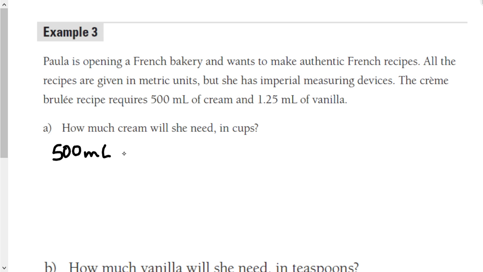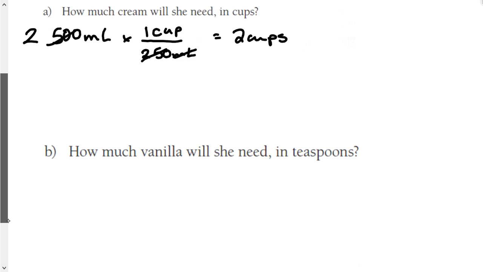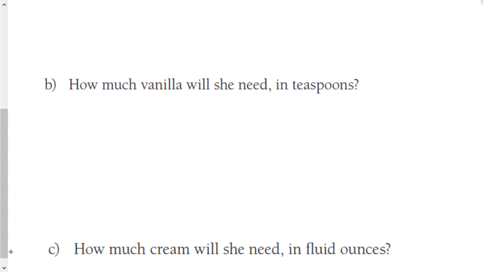500 milliliters times 1 cup over 250 milliliters. Which gives us, this cancels, this reduces to 2, so 2 cups. Some of us might be able to do that in our head. I did, and it was hard for me to write it down, and that's just because I do so much baking.